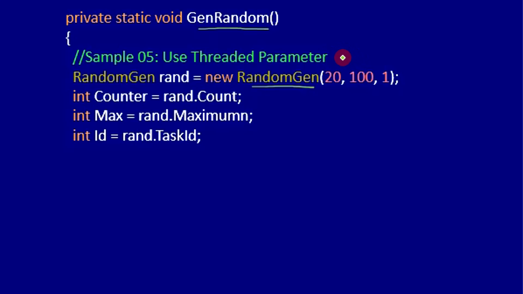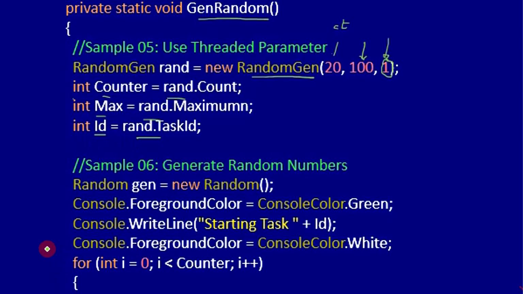The first parameter is the count, how many numbers we want to generate. Then here we are passing maximum and then a task ID. So this one will be the task ID, which uniquely identifies the task. After that we are retrieving the same information from this rand class itself. Then we are assigning that locally here, counter, maximum and ID.